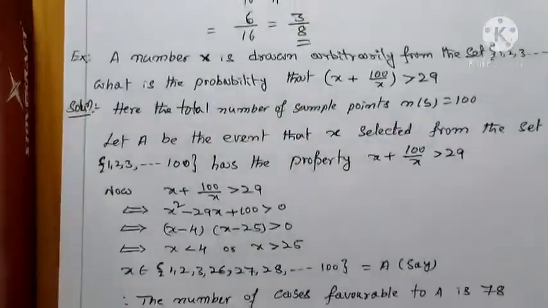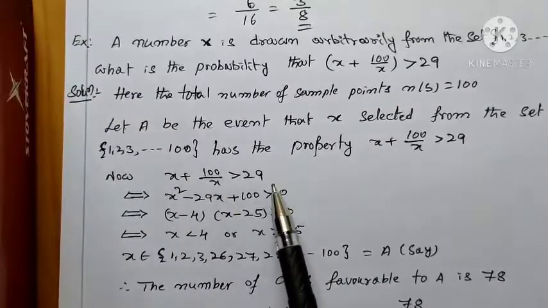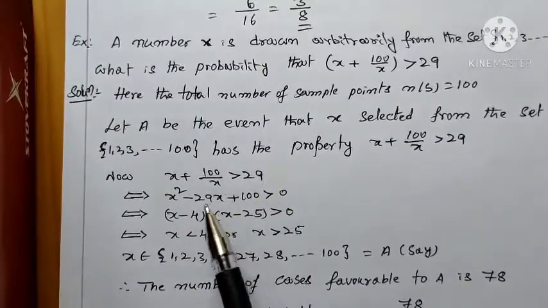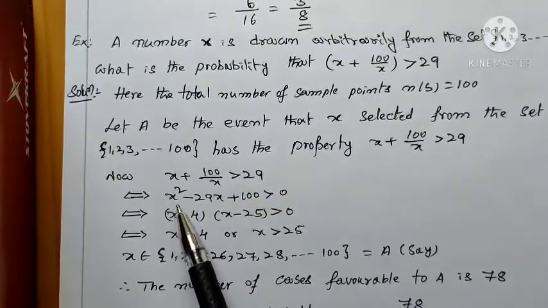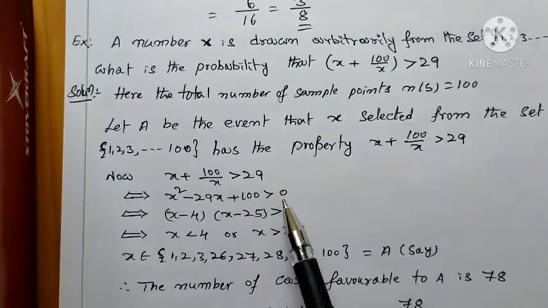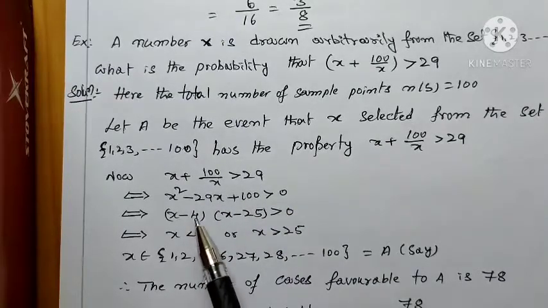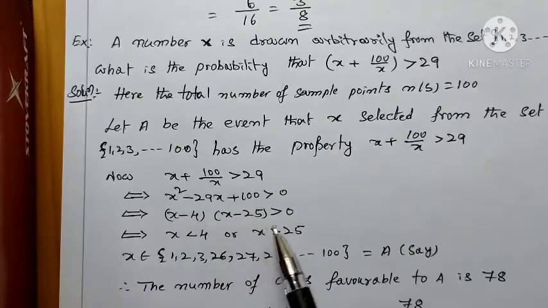Now, x plus 100/x is greater than 29. Take LCM and do cross multiplication: x squared minus 29x plus 100 is greater than 0. Factorizing, this can be written as (x minus 4)(x minus 25) greater than 0.